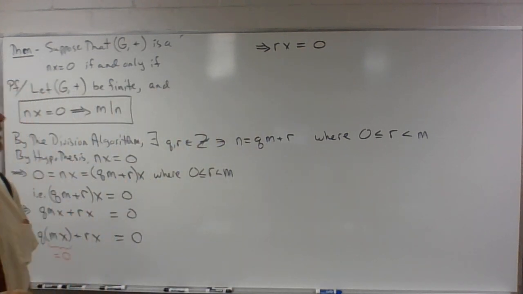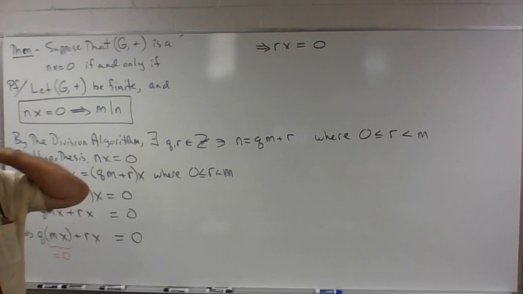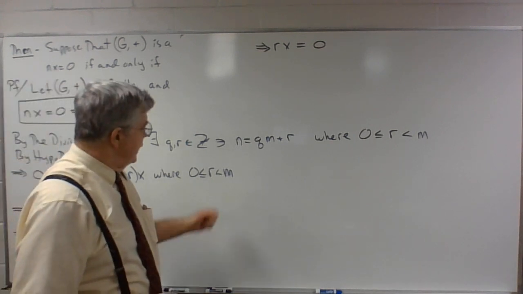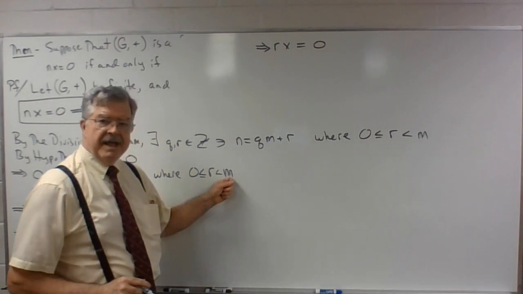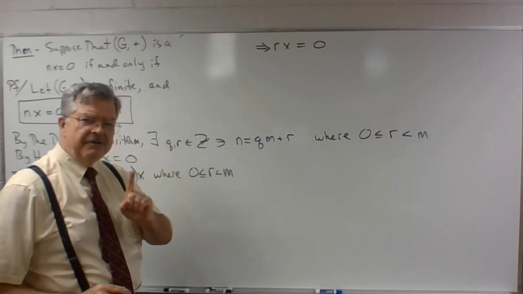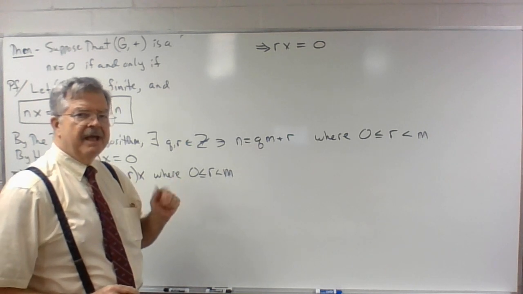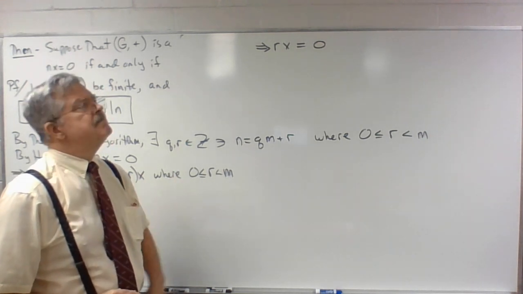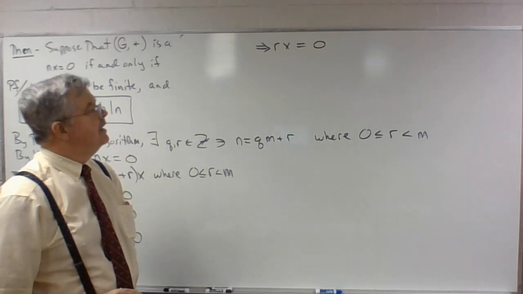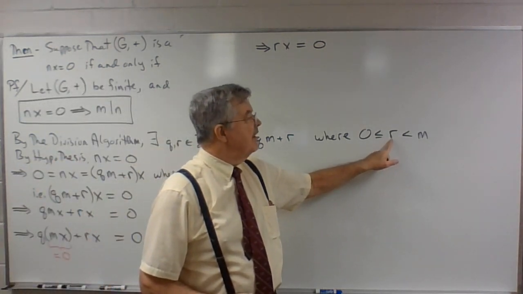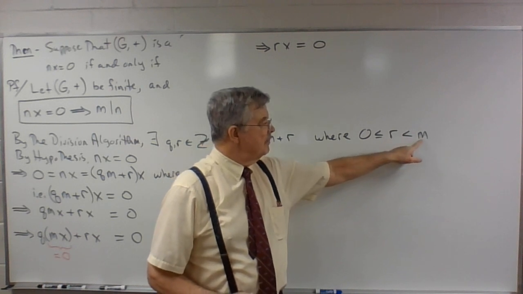And we've got to be careful here. Remember, m, the order of the element x, is the smallest natural number that we can multiply x by and get 0. And r is a number that's smaller than m.